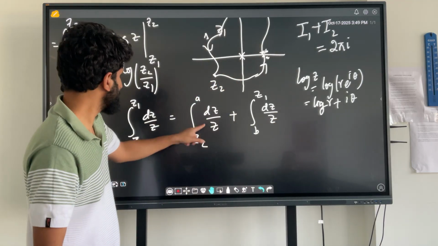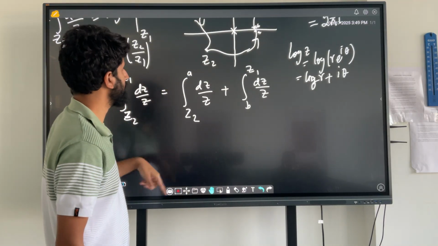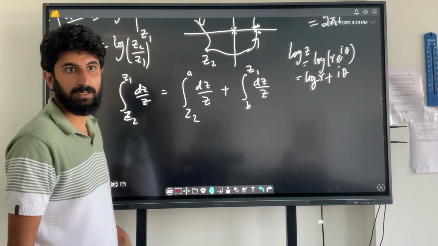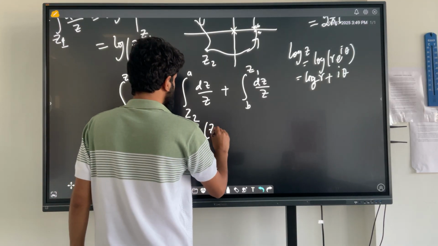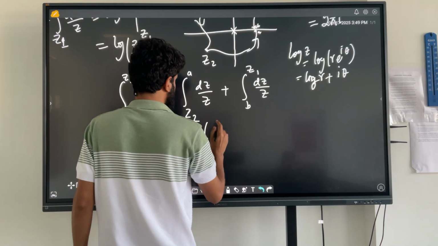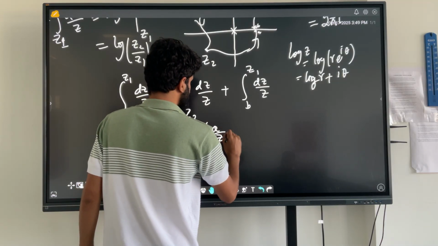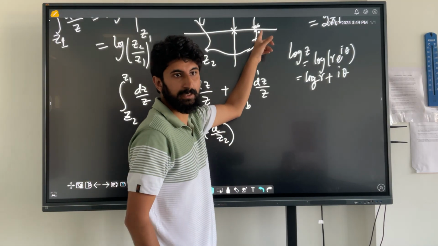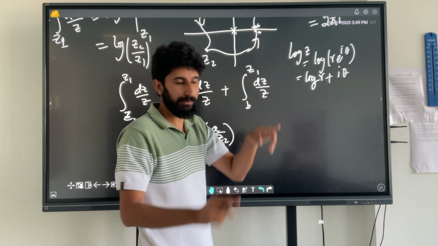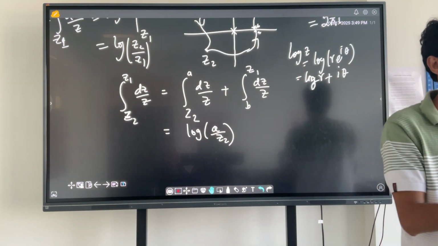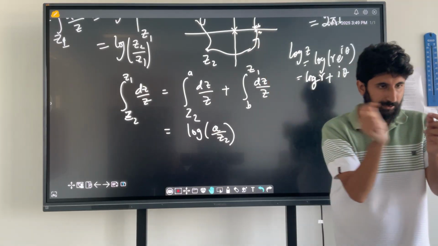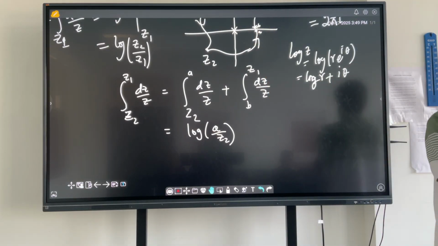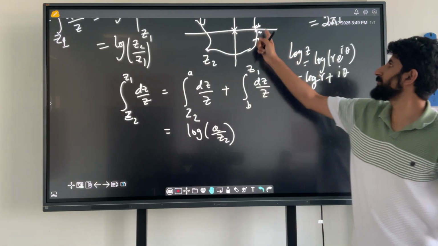What is this guy? This is log of A by z2. Sorry, log of A by z2. Remember, A is a complex number. I have to be careful with the argument of A. A is essentially a real number infinitely close to the positive real axis, but I have to be careful with the argument.